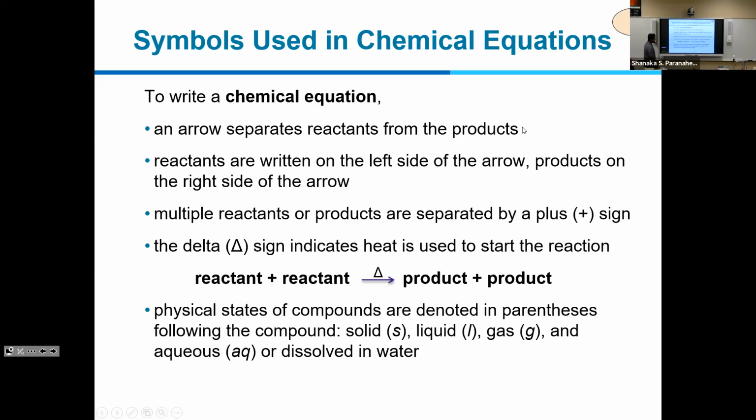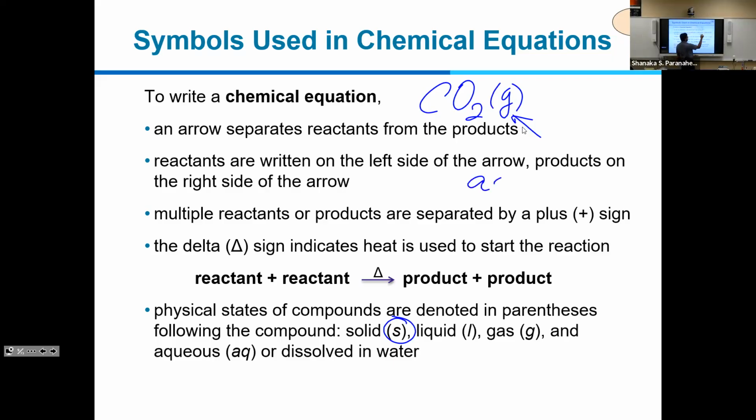Those four physical states are written within parentheses, immediately after the chemical formula, like this, carbon dioxide and the experimental condition. So this G is the physical state, which is gas. S is solid, G is gas, L is liquid, and AQ is aqueous.